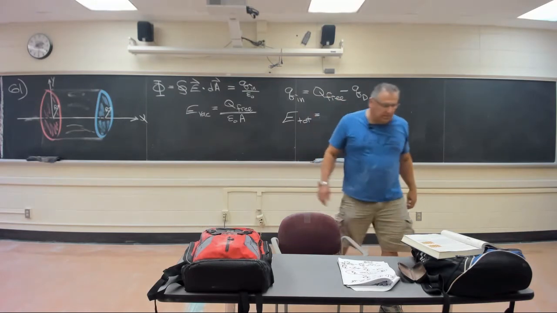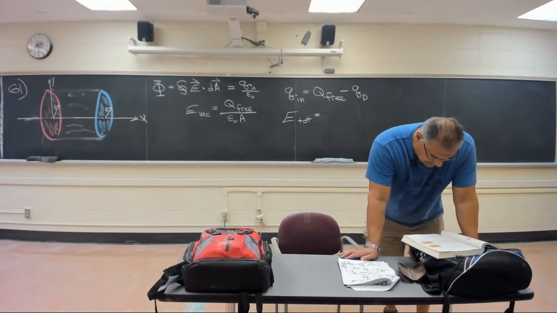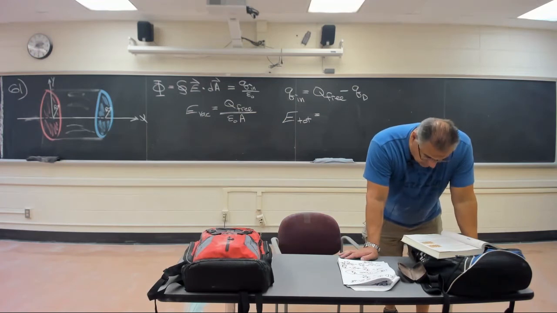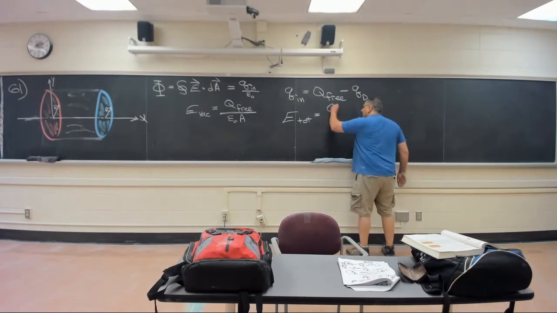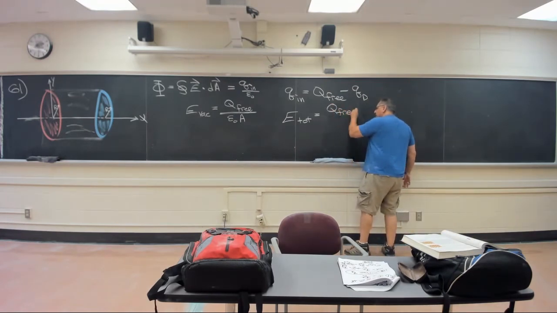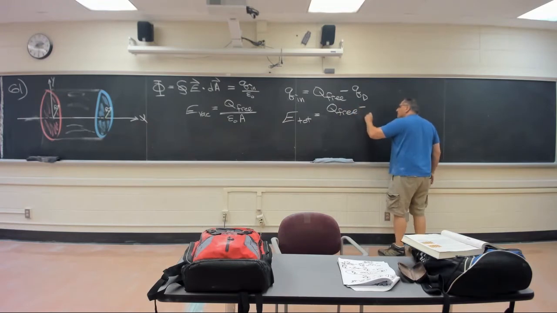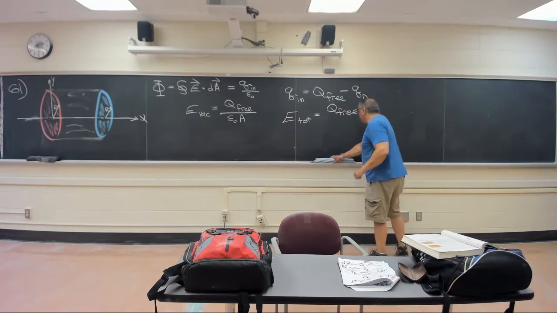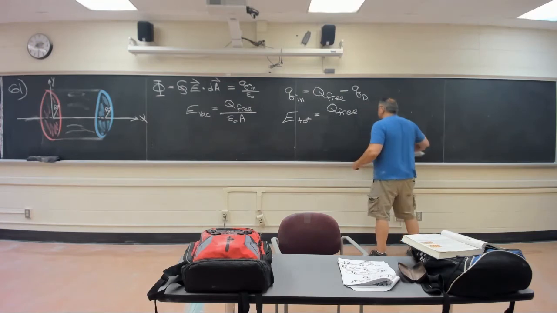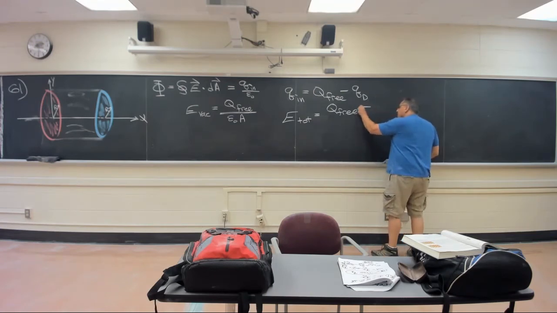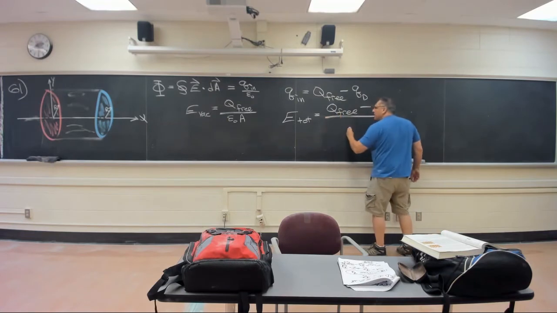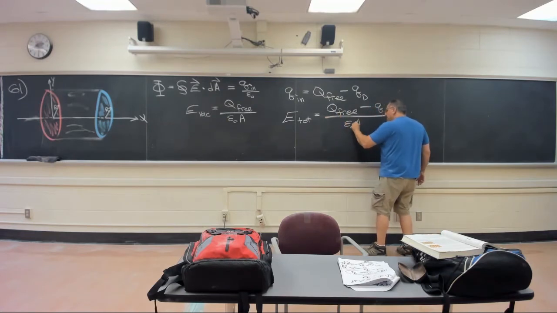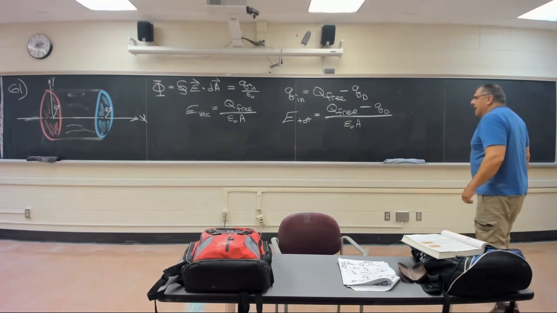E sub total is the Q in, which is Q free minus QD, so that's the Q in divided by epsilon naught A, and how that can be done.